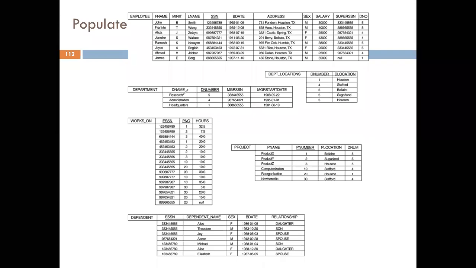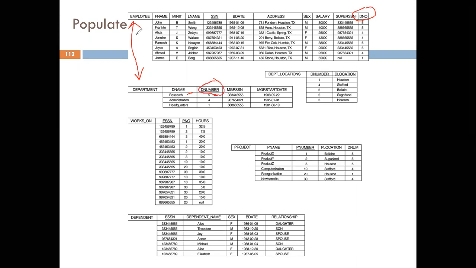Without programming, just by looking at this data, the department name is there, research. So we'll get research, and then we'll take its department number. In the employee table, how are these two tables related? Employee and department tables are related based on the department number.